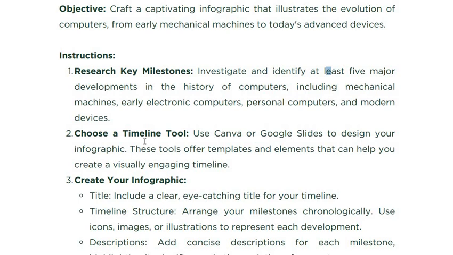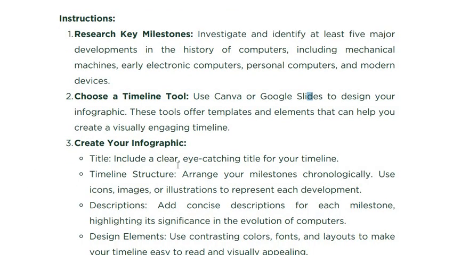Then, for the tool, you can use Canva or else Google Slides for the design of your infographic. Kung sa Canva, they offer templates. You can insert elements which will help you create a visually engaging timeline.